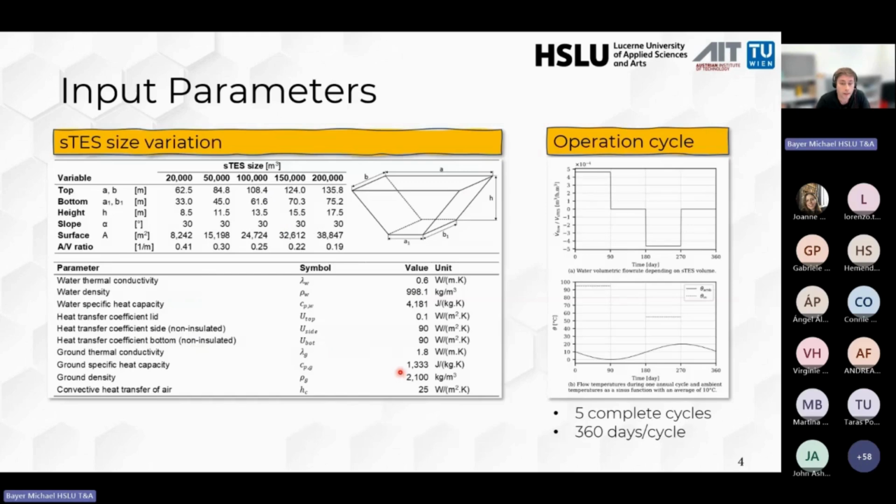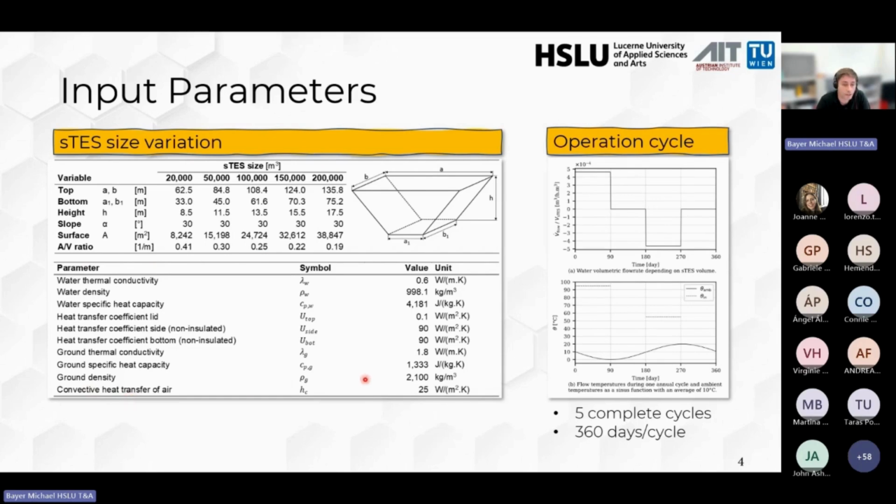Here you can see the key design parameters which we used. The parameters have different size variations. We made simulations from 20,000 up to 200,000 cubic meters with the given parameters here in the list for soil, fluid and so on.